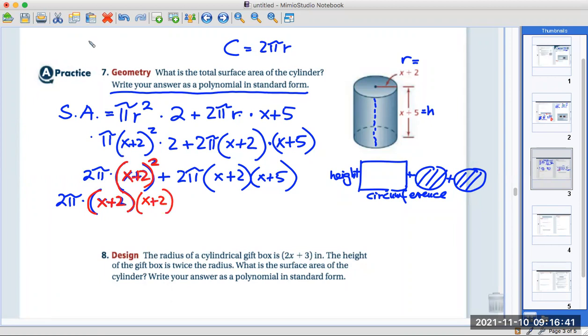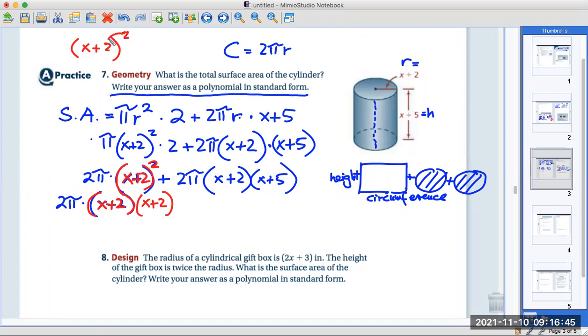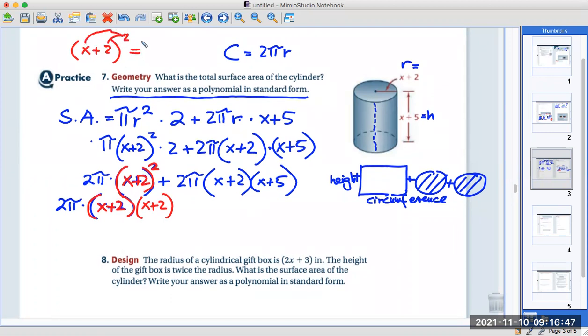So be careful. I'm going to write that up here. X plus 2 squared is not x squared plus 4. No, not a good idea. So you have to rewrite it twice. Plus 2 pi, then x plus 2 times x plus 5.